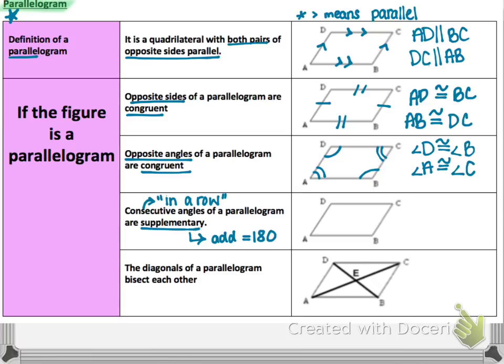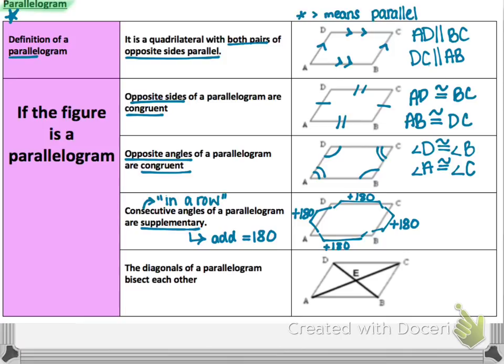So angle D and angle A, when you add them up, are going to equal 180 degrees. Angle A and angle B, when I add them up, are going to equal 180 degrees. Angle C and angle B, when I add them up, I want them to equal 180 degrees. Angle D and angle C, when I add them up, I want them to equal 180 degrees. I want them to be supplementary.